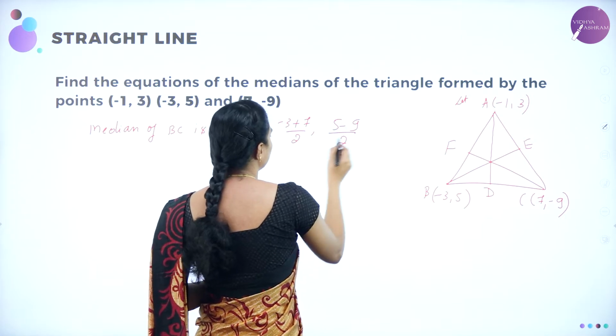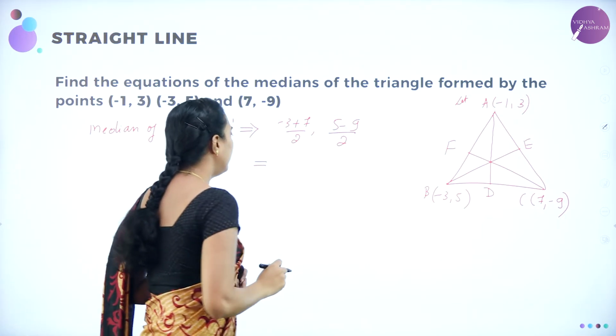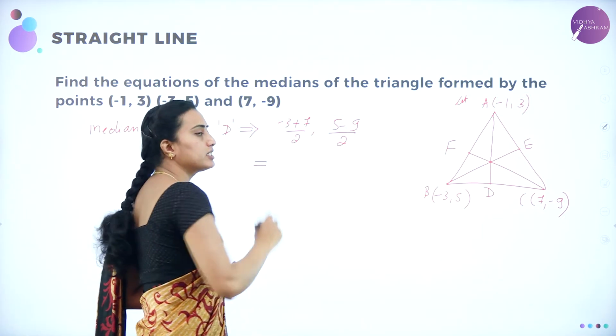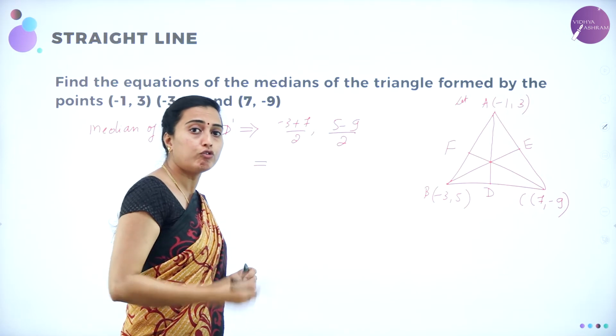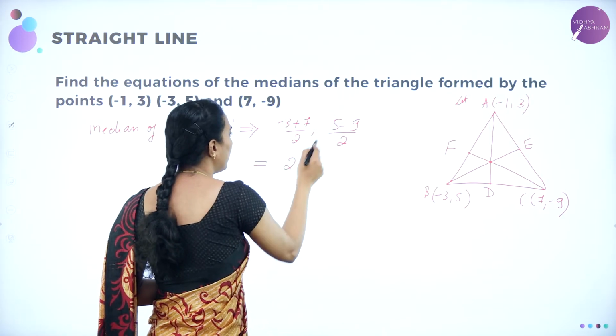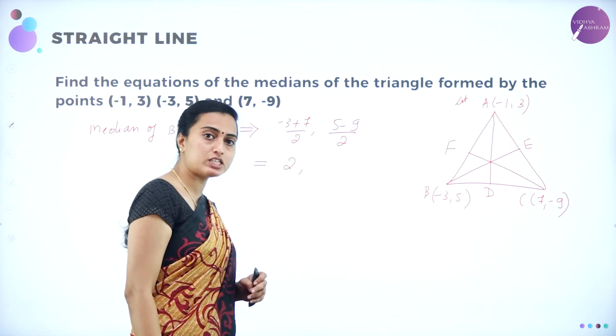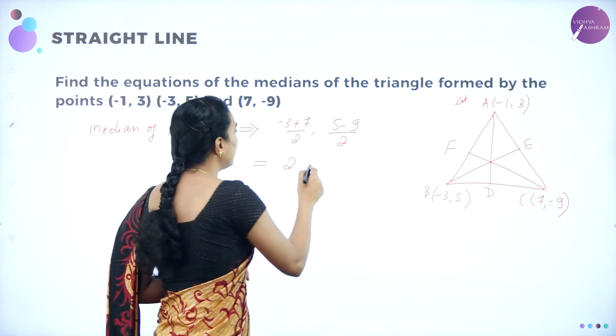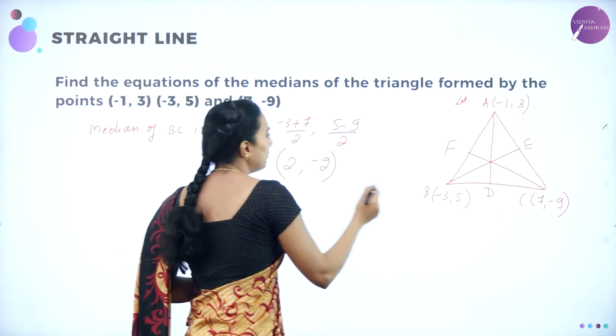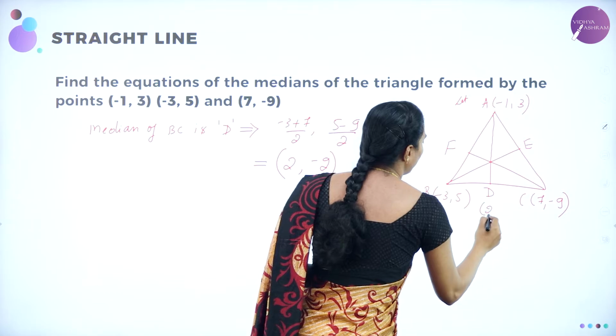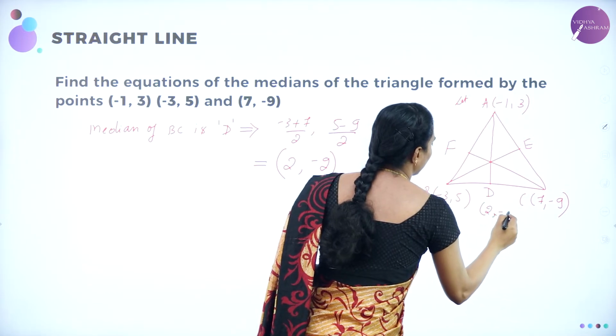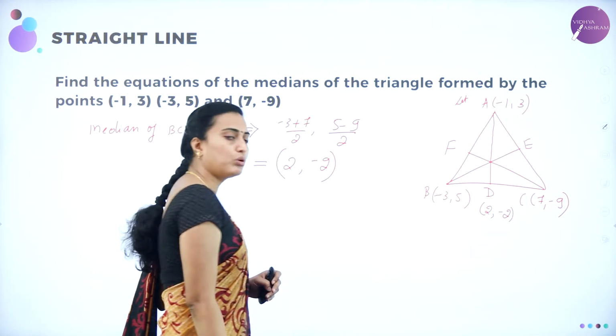So D will have the coordinates: -3 plus 7 is 4, 4 by 2 is 2; 5 minus 9 is -4, -4 by 2 is -2. So the point D is (2, -2).